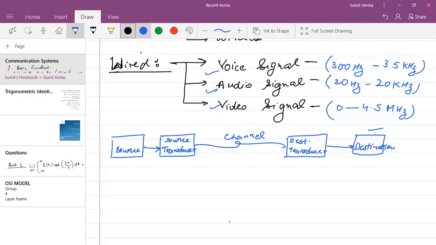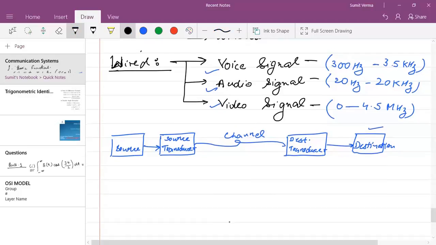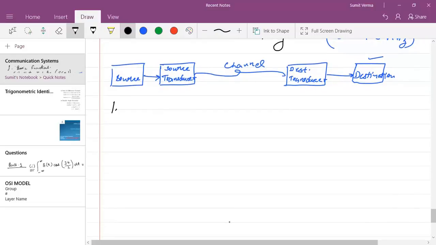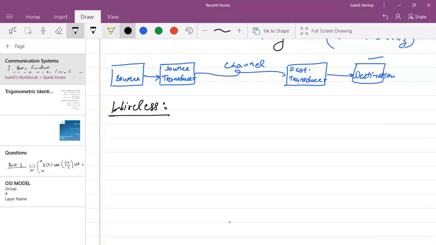Now coming to the wireless system, see where it becomes different from the wired system. As I told, it can be used for long distance communication because there are no wires here. So you will need antennas to transmit your signal. I'll show you the block diagram. Basically source, then the source transducer. But now there's another box here. That box is your modulator. Why do we need this modulator?